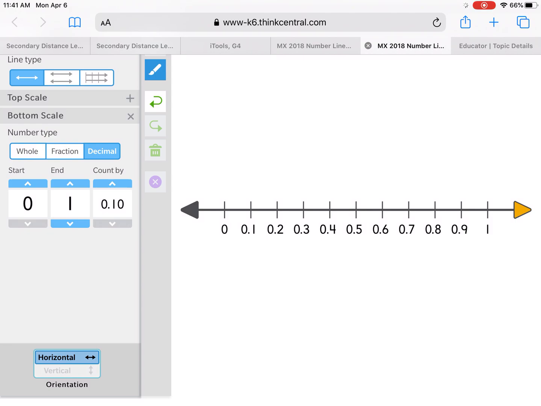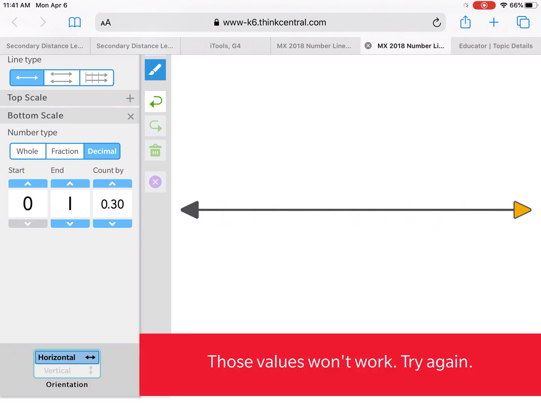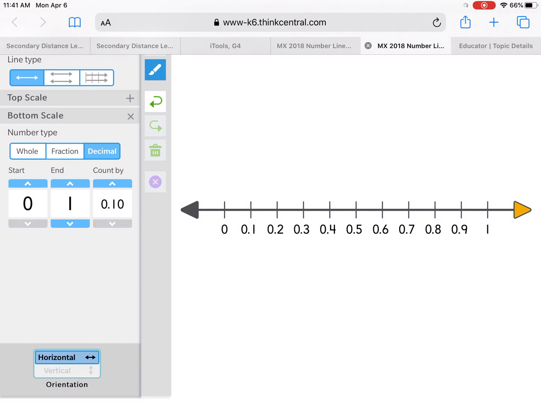Now let's say I want to position the number 245 thousandths. Okay, what's your clue here? Where are you going to look first?